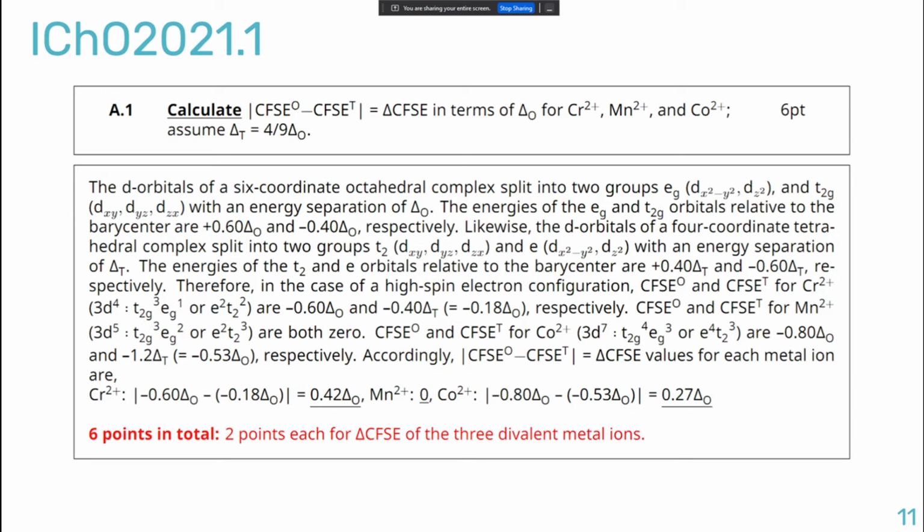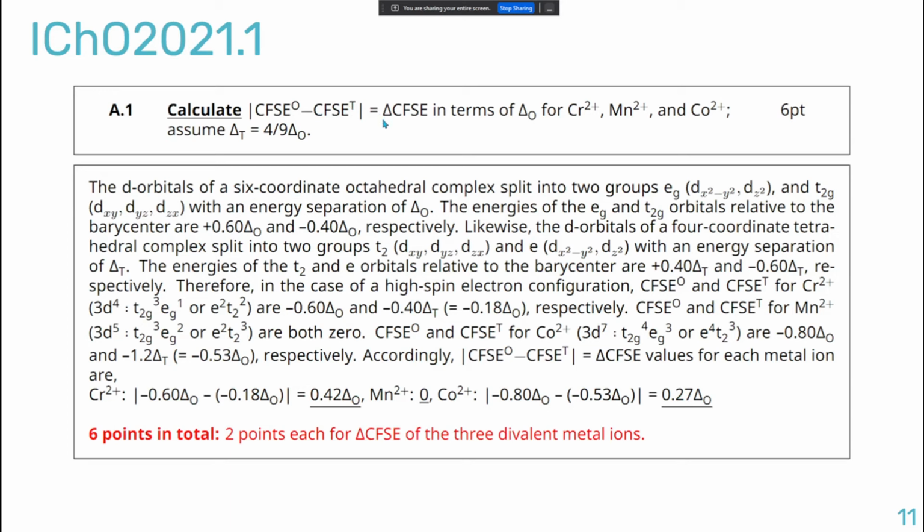You actually can skip something. So this is A1, probably the first question in that problem. And you can see that although it is very easy, calculate the difference between the crystal field stabilization energies for octahedral and tetrahedral holes. So that's not the topic of this year, but I'm just showing you an example.